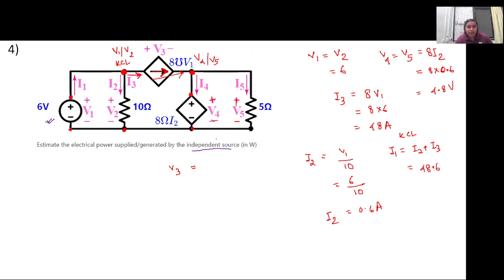So V3 is V1 minus V4. So 6 minus 4.8, 1.2 volt, right? So we now have I1, I2, I3, V1 and all the voltages.